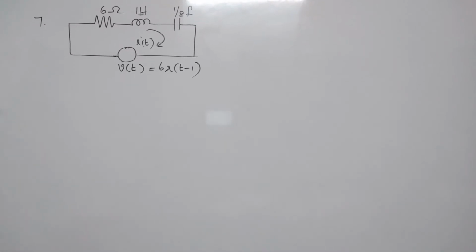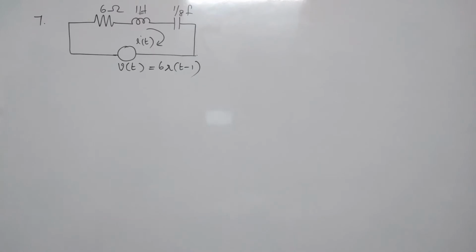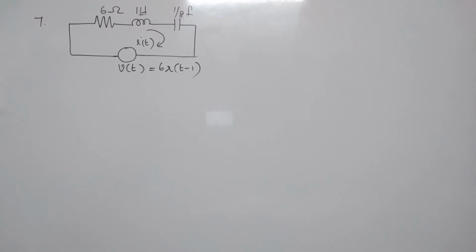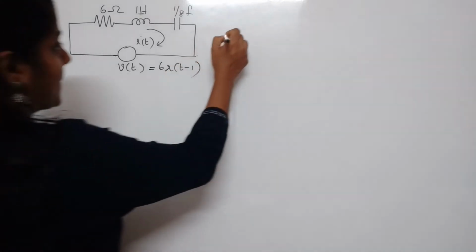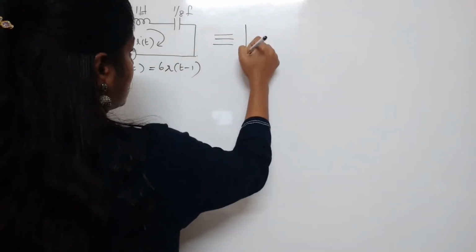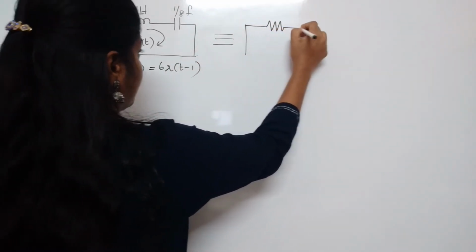Next question. Consider the RLC series circuit shown below. Find the expression for I of t for t greater than 0, assuming initial conditions to be 0. So first we can directly express the circuit in S domain.